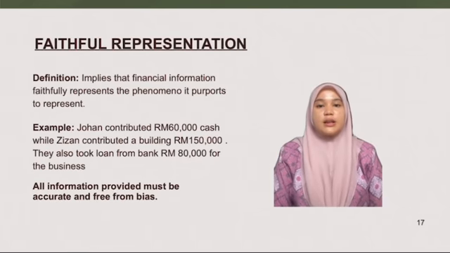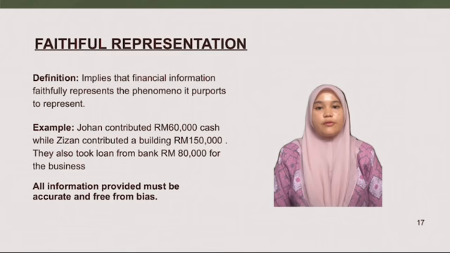The last qualitative characteristic is faithful representation. Faithful representation implies that financial information faithfully represents the phenomena it purports to represent. For example, Johan contributed 60,000 cash, while Zizan contributed a building worth 150,000 ringgit.